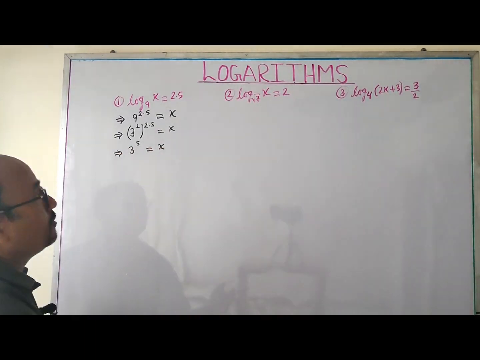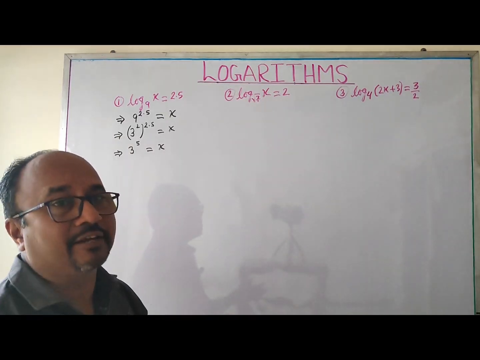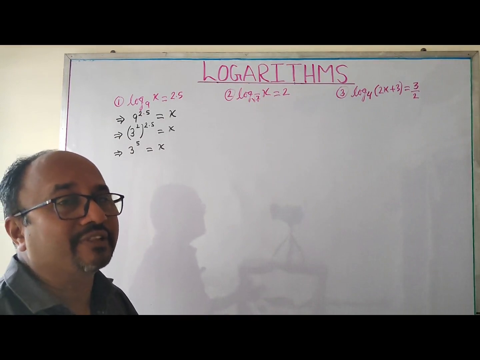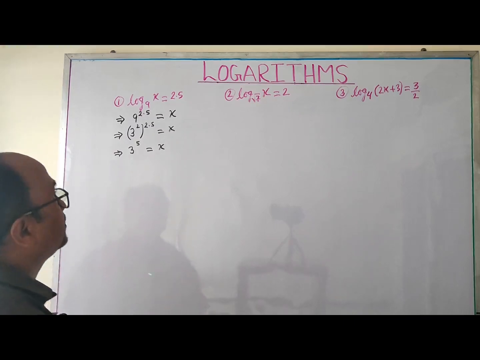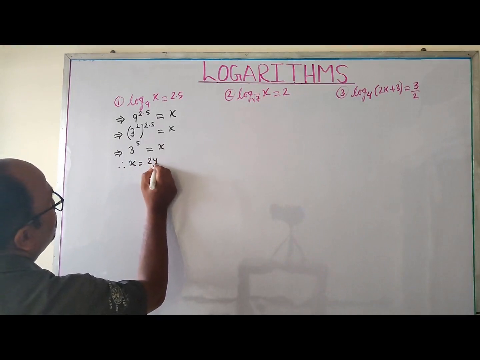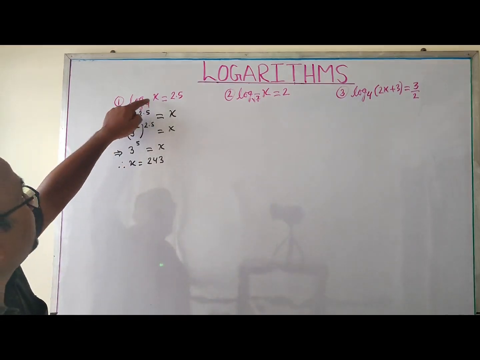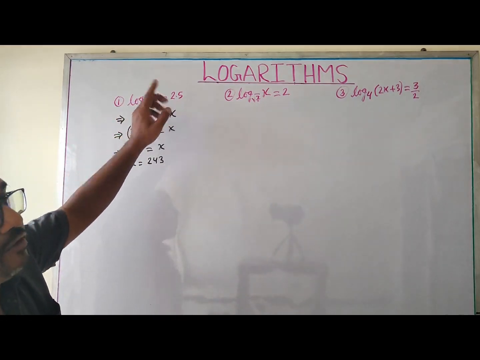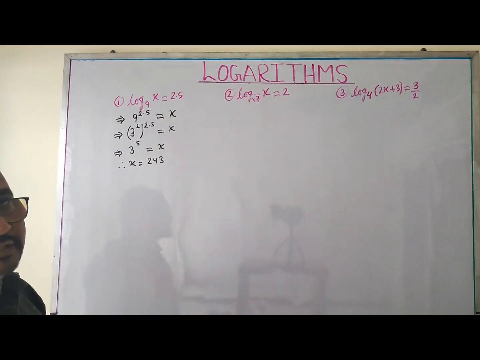If you multiply it, 3 3 is 9, 9 3 is 27, 27 3 is 81, and 81 if you multiply with 3 you will get 243. So we get here x is equal to 243. It means log 243 to the base 9 will have a value of 2.5. I suppose you have understood how to solve this.